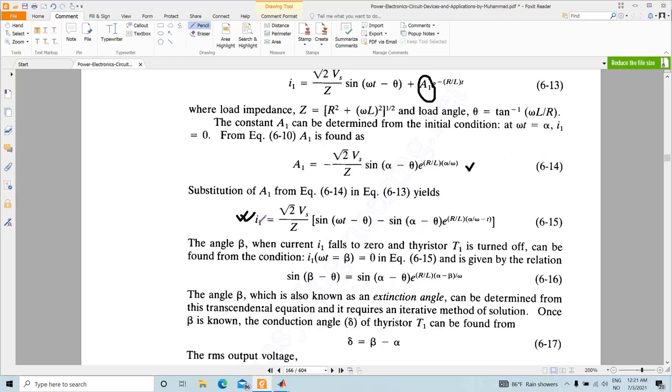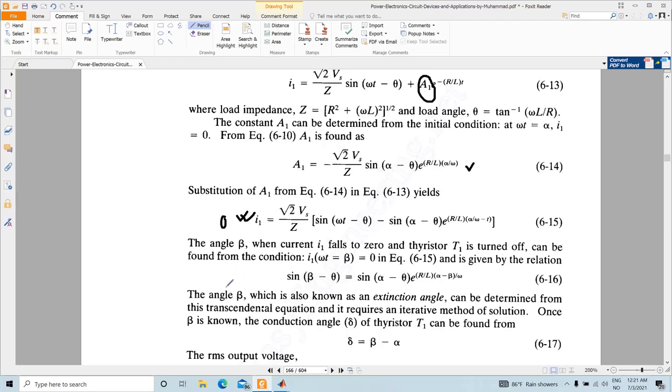Because I1 will be 0 at omega t equals beta, sine of (beta minus theta) will be equal to sine of (alpha minus theta) times e to the power of minus R over L times (beta minus alpha) divided by omega. So you replace omega t with beta, multiply by t on both sides, and you end up with this. So this extinction angle beta can be determined in an iterative approach.